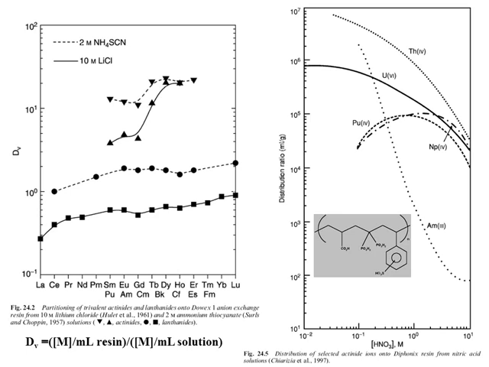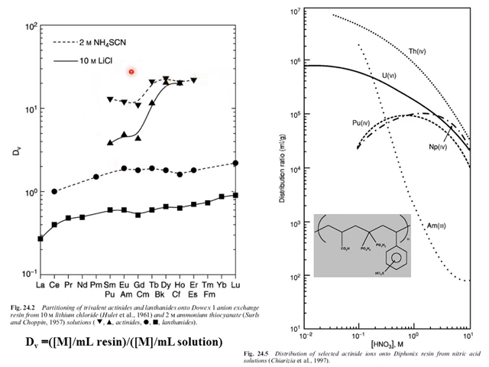An example of lanthanide-actinide separation is shown here. This is for the behavior of trivalent lanthanides and actinides in a Dow X1 anion exchange resin, where the solution is either 10 molar lithium chloride, the solid line, or 2 molar ammonium thiocyanate, which is the dashed line.